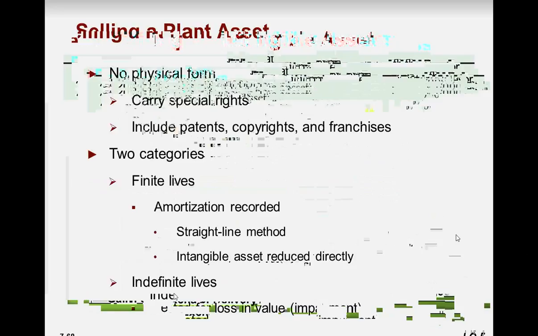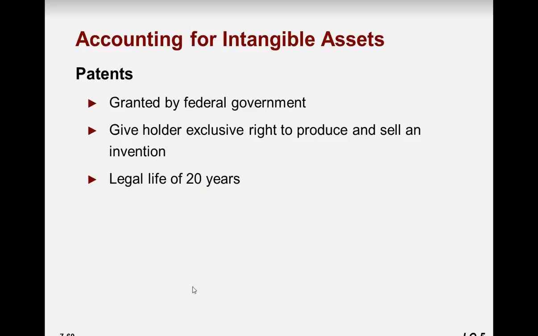So here's a little bit more information on the slides about patents. They are, of course, granted by the federal government. You have an exclusive right to produce and sell an invention, and they have a legal life of 20 years. You can buy patents from other companies, however, and then they may only have 5 years left or something like that, so you would definitely want to amortize them over the 5 years remaining.